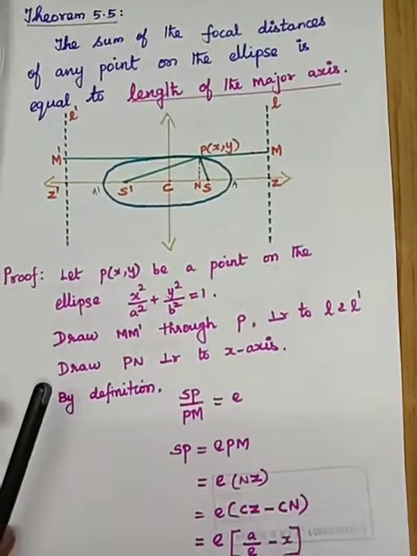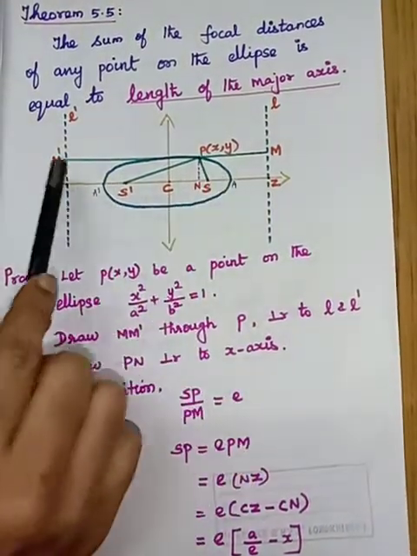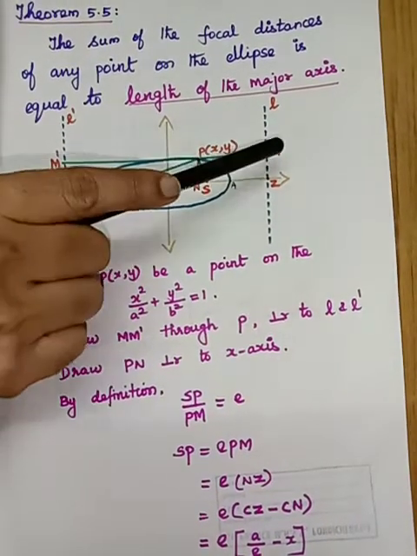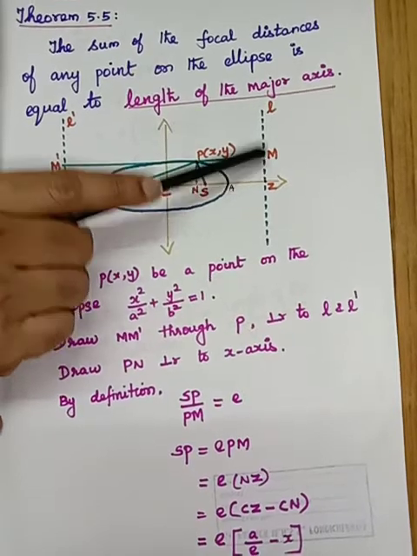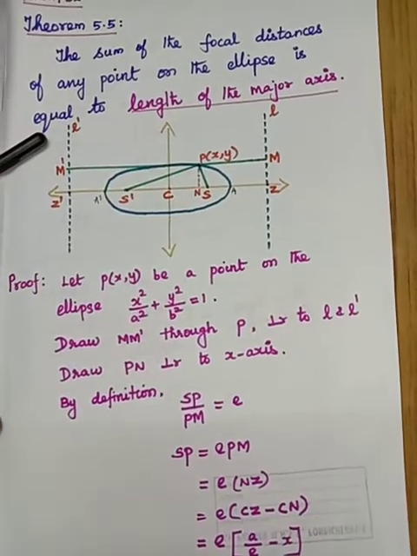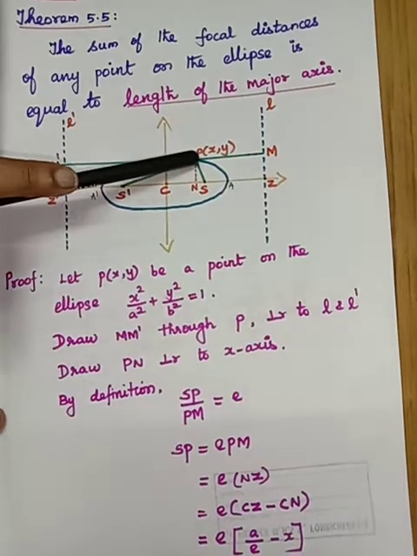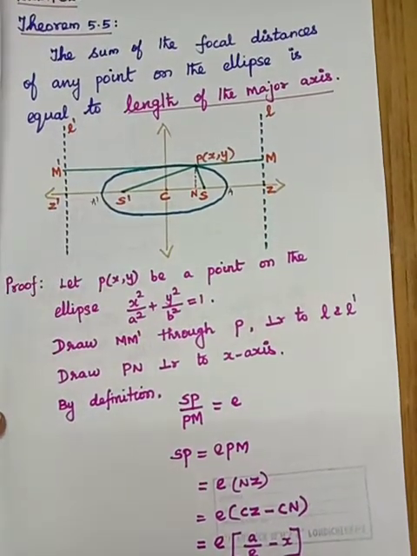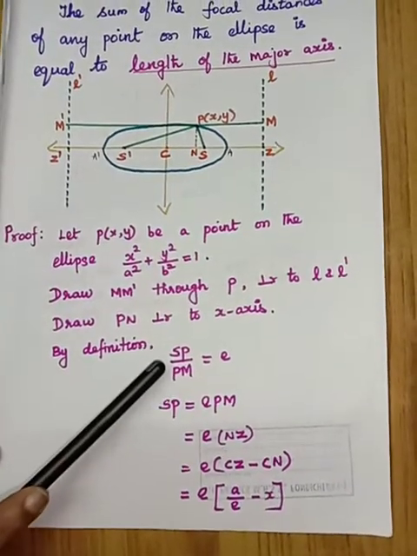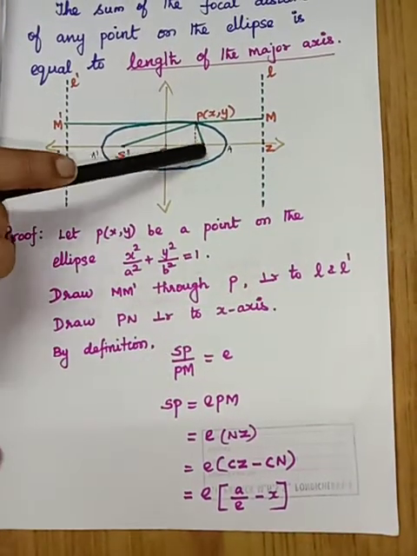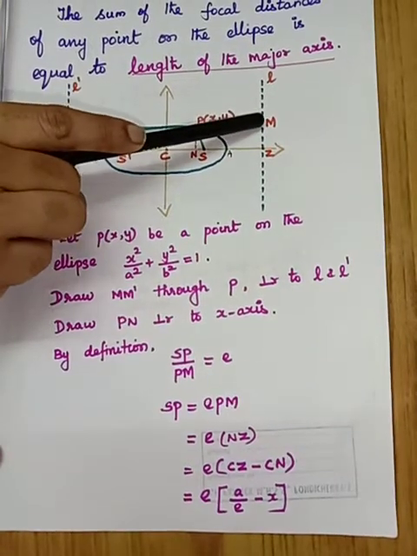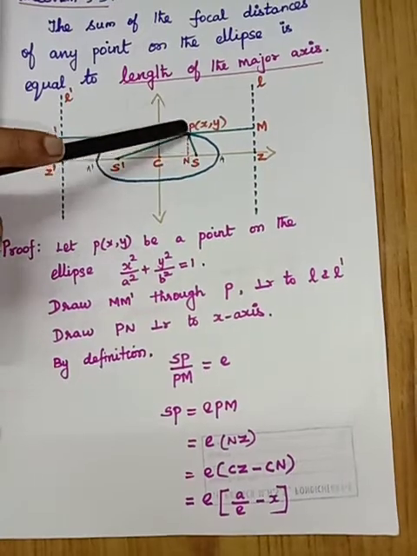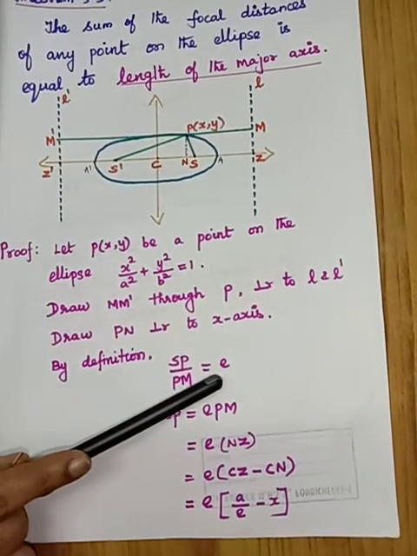Now for that, we draw PM and PM' through P, perpendicular to the directrices L and L'. Next, draw PN which is perpendicular to the x-axis. So we know the definition: according to the conic section, SP by PM is equal to e.